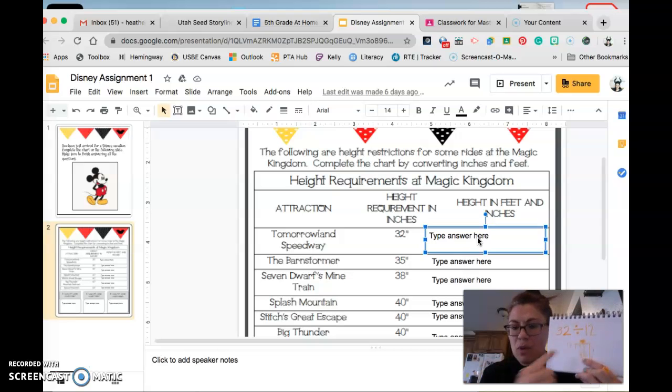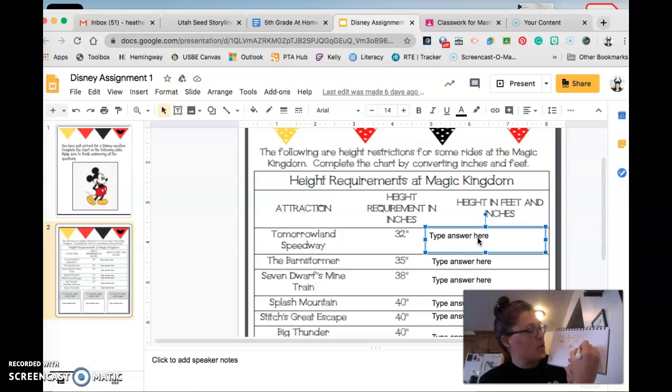So if you want to use lucky 7, great. If you want to skip count, you could have gone 12, 24, 36. I can't use 36, it's too big. So I could say 2 times, and then 32 minus 24 is 8. Either way, it still works. So this would be 2 feet.